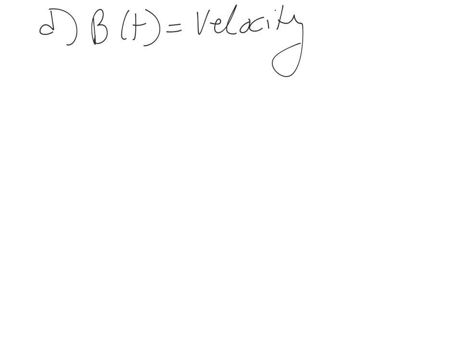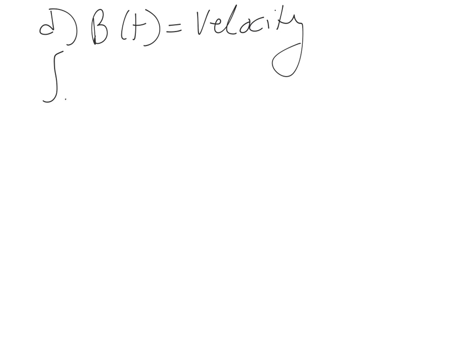Part D definitely requires more work than part C. So they want to know, based on the model from part C, find Bob's average velocity over the interval from 0 to 10. So average velocity, since they give you B of t, and this is the velocity, remember, think about this like a function. Whenever they ask for average value of a function or average velocity, they want this guy.